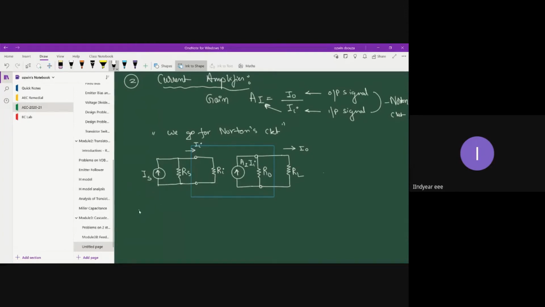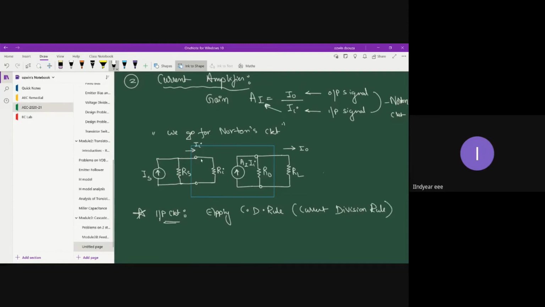Now let us write down the performance equations. First, let us take the input circuit. Since we are dealing with currents, we can apply the current division rule, CDR.